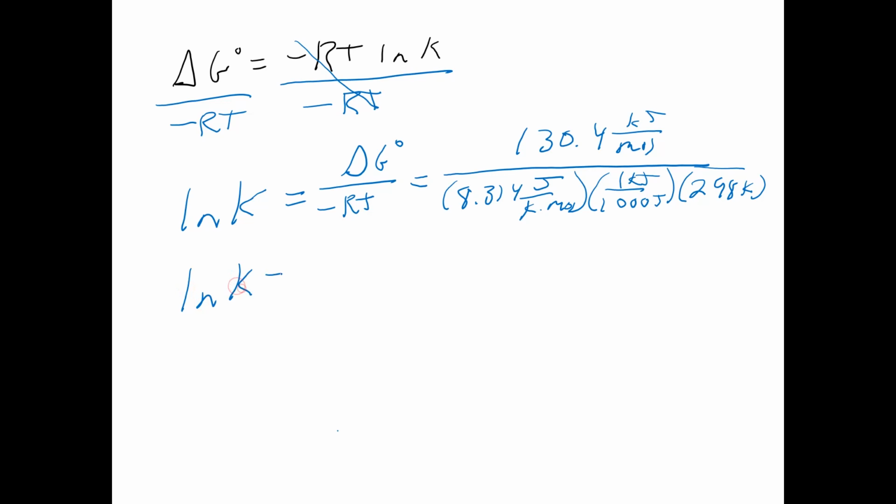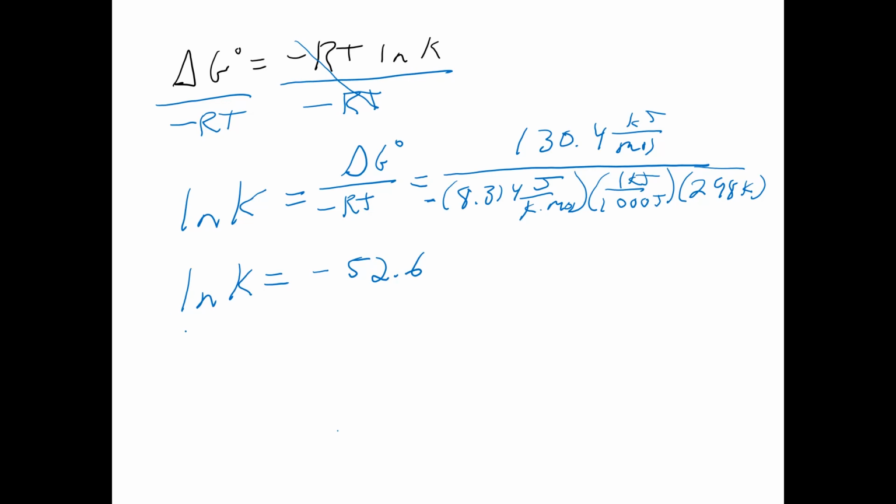So if we put all of this in our calculator, and we need to put a negative sign here because this is negative RT, so 130.4 divided by negative 8.314 divided by 1,000 times 298, and press enter, we get negative 52.6.